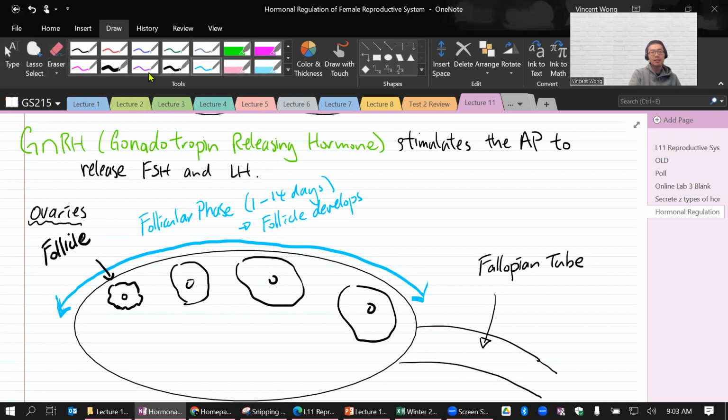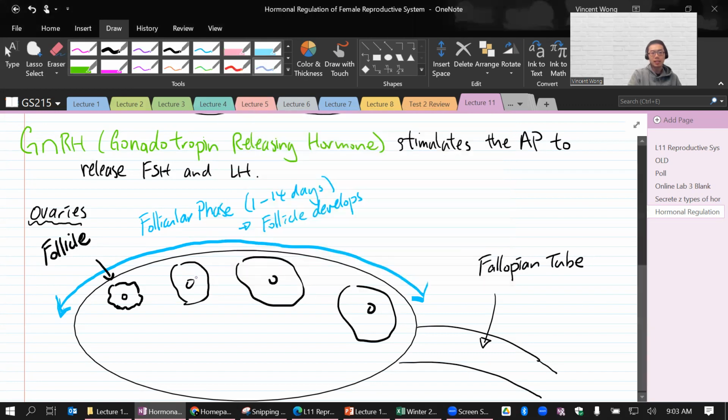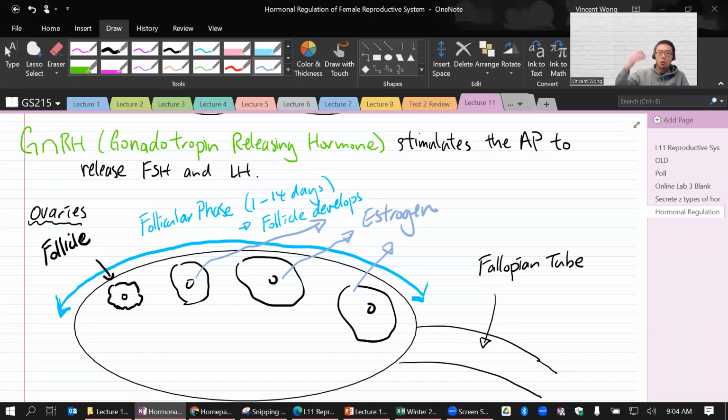And then as the follicle develops, it is going to be releasing estrogen. So during the follicular phase, the estrogen level in the blood will slowly increase.